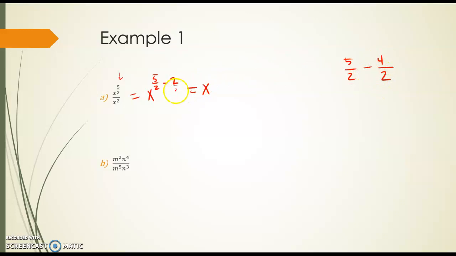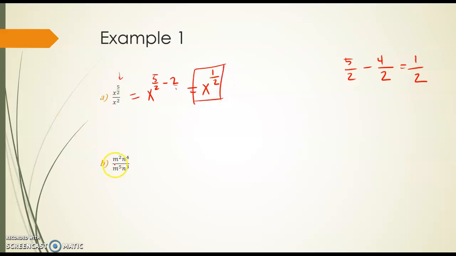Because when I multiply the 1 by 2 to get 2, I've got to multiply the top. So 5 minus 4 is 1, and the 2's stay, because when we add or subtract fractions, the denominators stay. And so now we get x to the 1/2. And that is our answer.